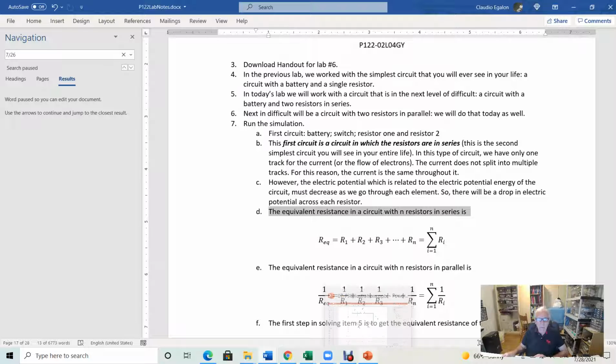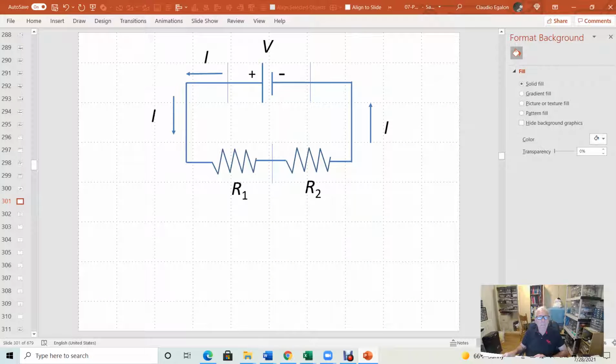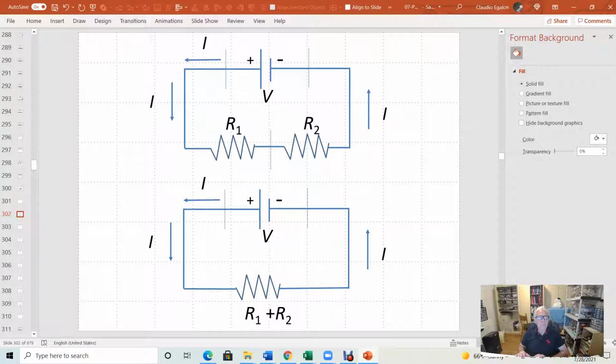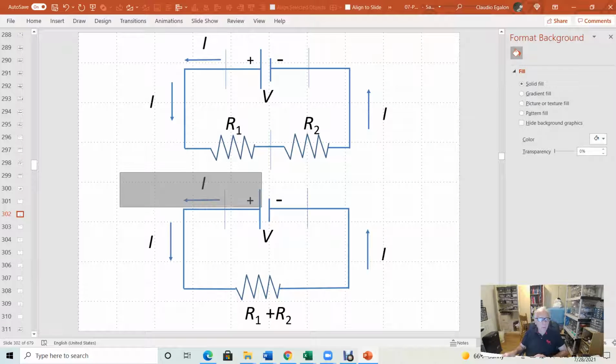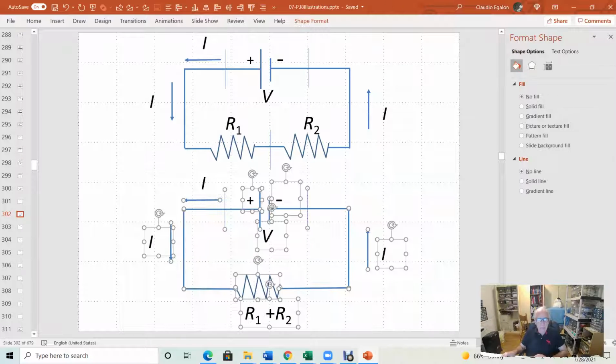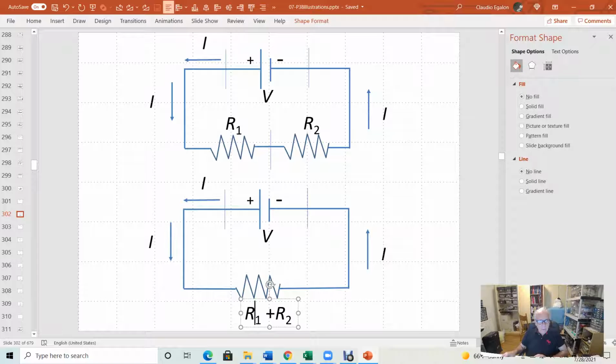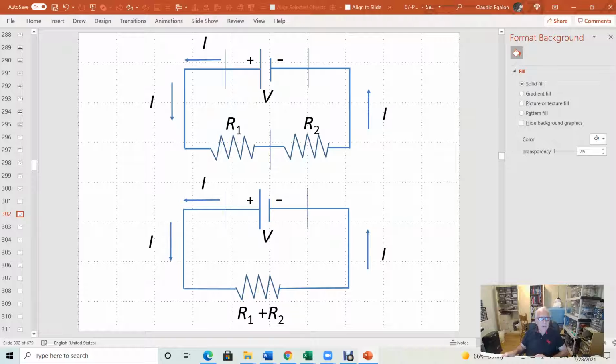I have this illustration here in my PowerPoint. We have the circuit with two resistors. This circuit is equivalent to a circuit with a single resistor, a simpler circuit, but the resistance is going to be R1 plus R2.